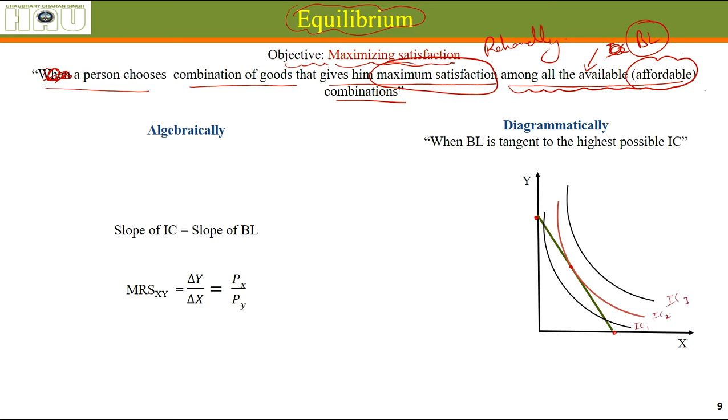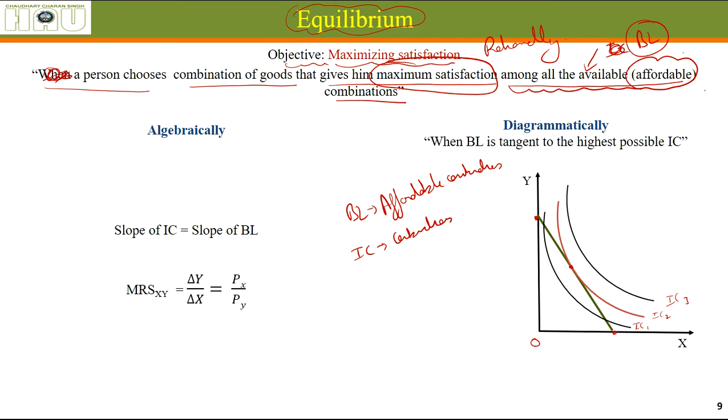Let's say this indifference map shows a scale of preferences about these two goods. So the budget line shows affordable combinations, and the indifference curve shows different combinations with different levels of satisfaction.